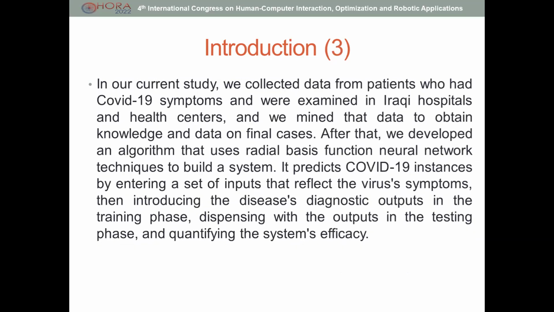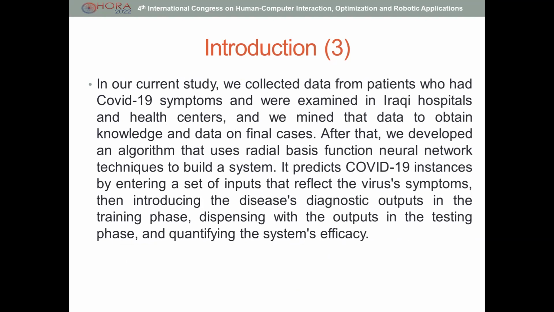So in our current study, we collected data from patients who had COVID-19 and were examined in Iraqi hospitals and health centers, and we mined that data to obtain knowledge and data on final cases.